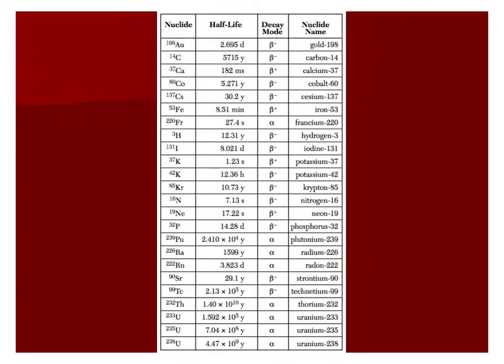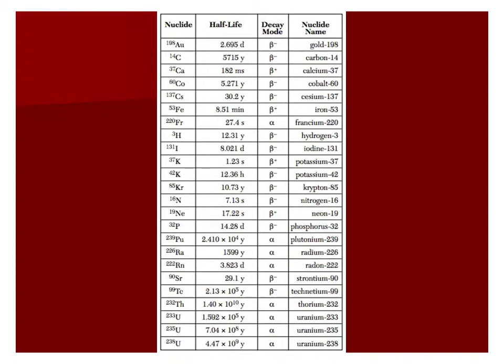Here's my half-life column. This tells you how long it takes for half of the atoms to decay away from the original form. Then this is the mode of this decay. And then this is what we're going to call it if you were writing it on a paper or something like that.